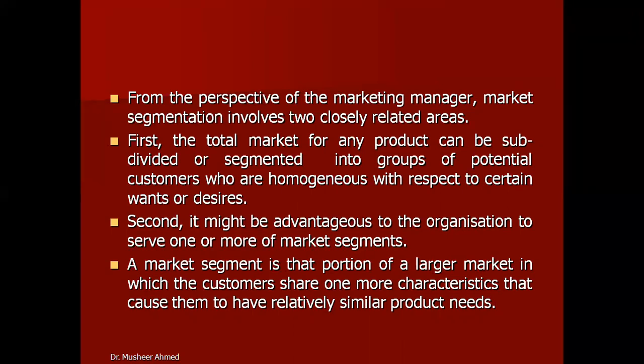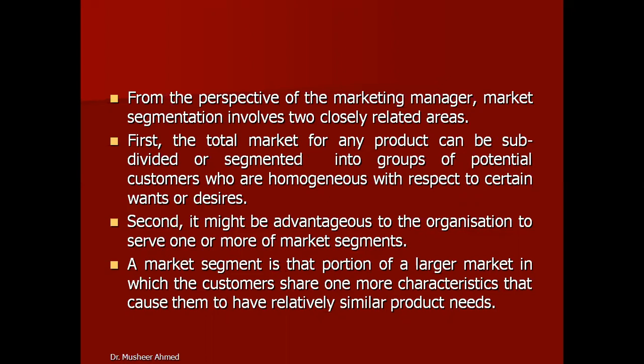Second, it might be advantageous to the organization to serve one or more market segments, right? It is advantageous for the organization to serve one or more market segments which have consumers who are in demand of your product or services. So depending upon your supply, you may serve one segment or you may serve many segments, right?